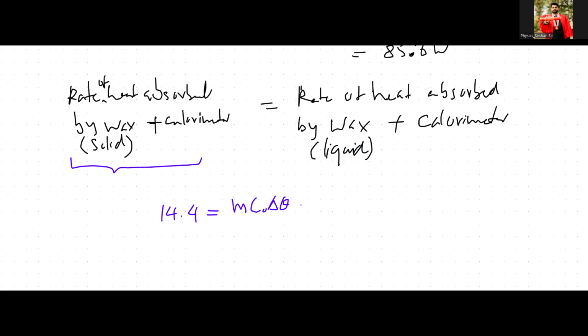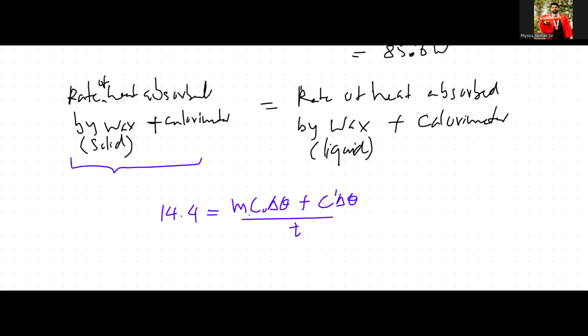The left side we have already done. Now, plus the rate of heat absorbed by the calorimeter. But this time theta is a bit different from the previous theta. Delta theta. Now what we have to do is divide by the time.